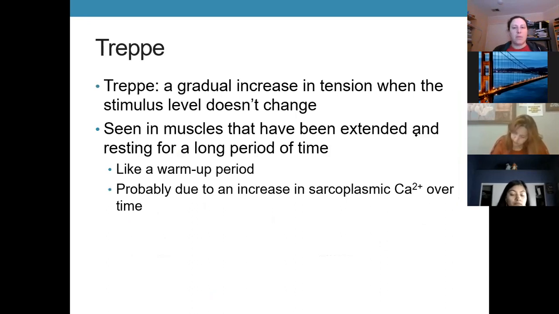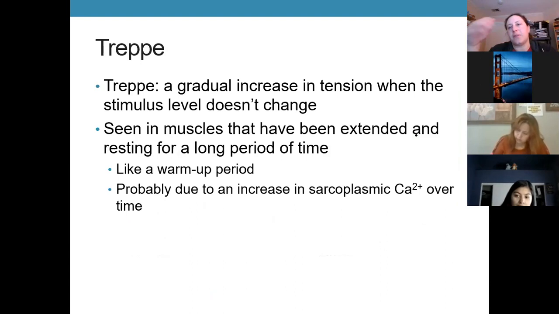And then the treppe, since it's right there on my way to the length tension relationship, is of course this idea that overly rested muscle kind of needs a warm-up period. Basically the calcium levels in the sarcoplasm don't quite get to where they're supposed to be the first couple of rounds of stimulation.